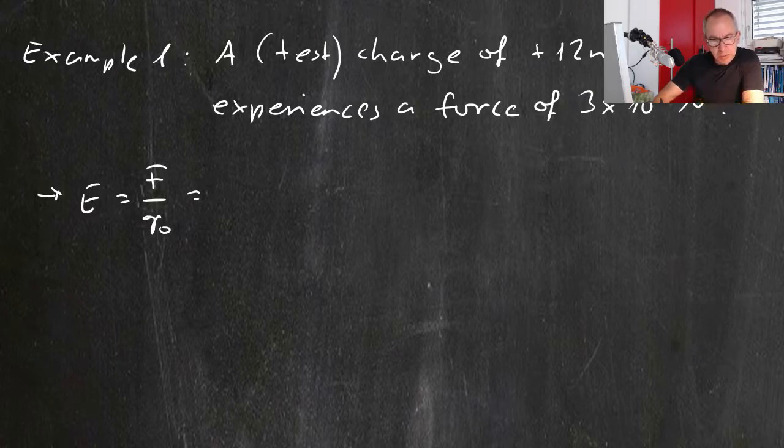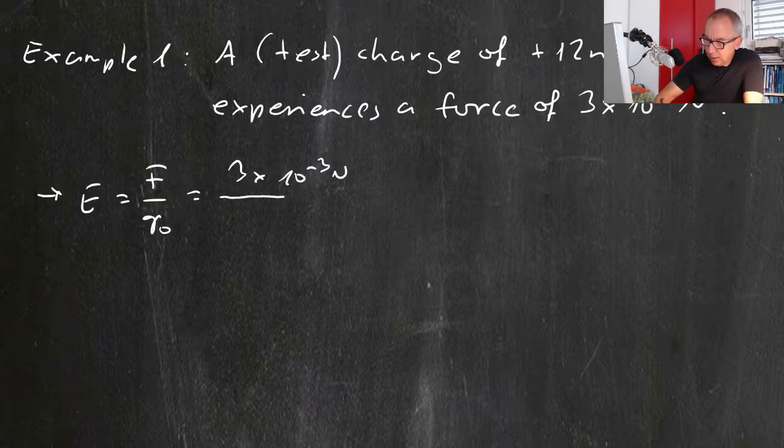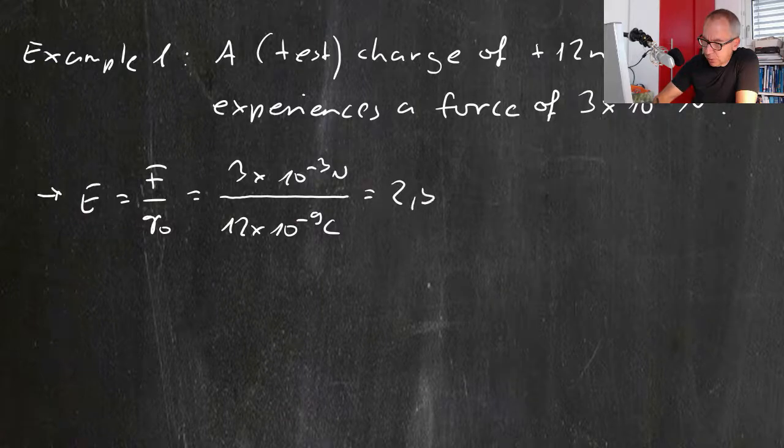So the force that we have measured is 3 times 10 to the power of minus 3 Newton divided by 12 nanocoulomb, and the calculator then gives us 2.5 times 10 to the power of 5 Newton per Coulomb.